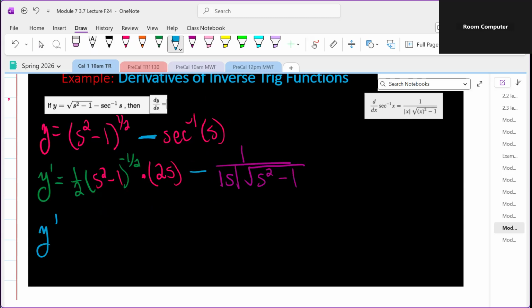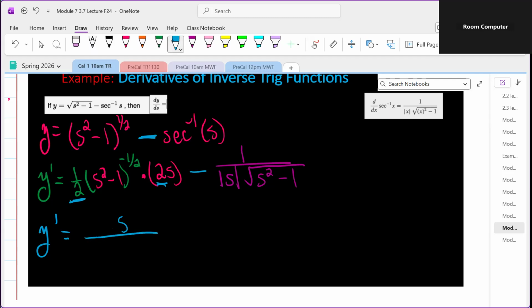Now we have found the derivative. We could stop there. I'm only going to clean it up a little just so you can see structurally, these are actually kind of similar and yet also kind of different. So that is 2s on top. Well, really that 2 is going to cancel with the 1/2. So it's just s on top.